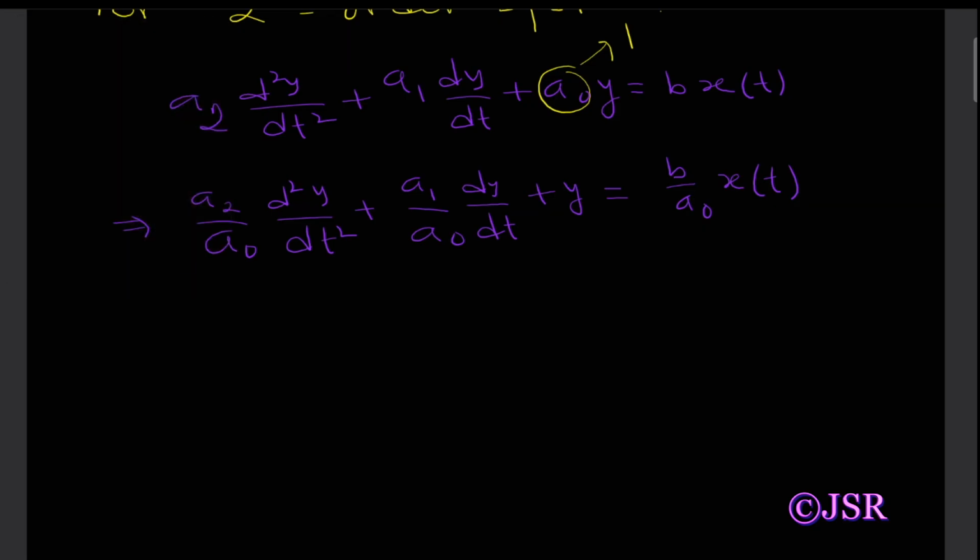So now introducing the system parameter. So this is given by tau square, this is given by 2 zeta tau, and this is given by kp.